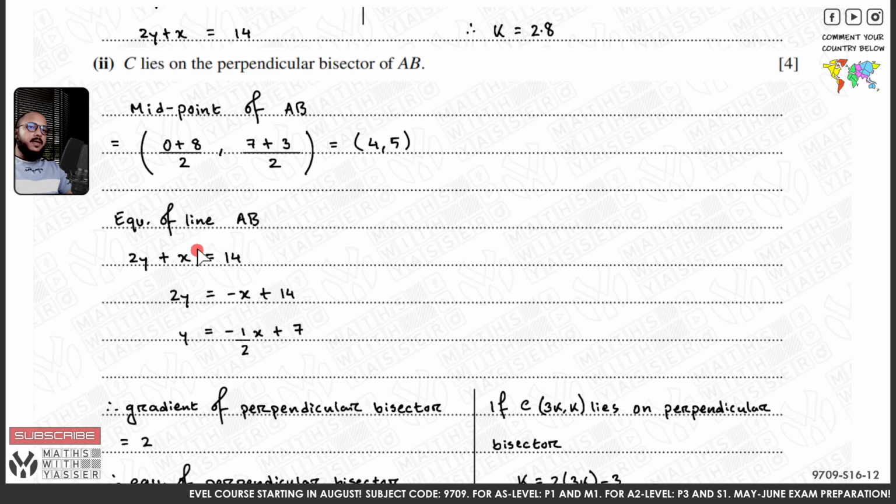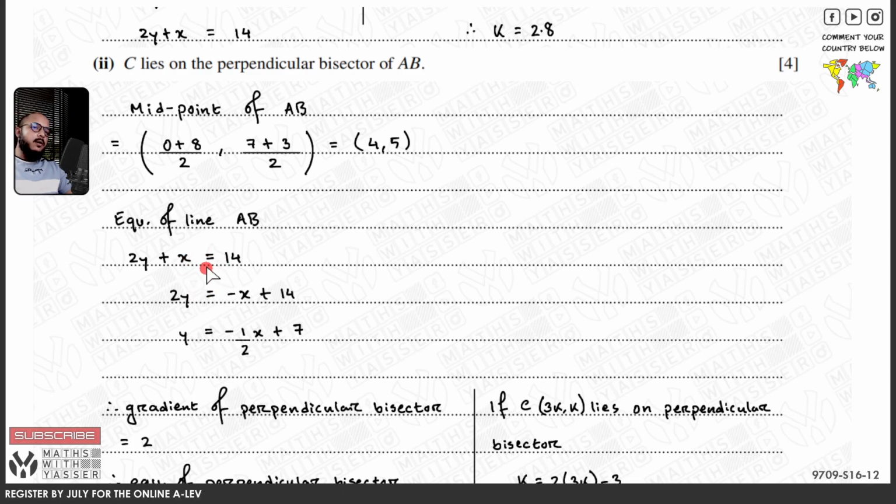We have rearranged the whole equation into the format y equals mx plus c, where m is telling us the gradient of the line. So m is negative half. That means the gradient of the perpendicular bisector must be the negative reciprocal of this. So that gives us 2.